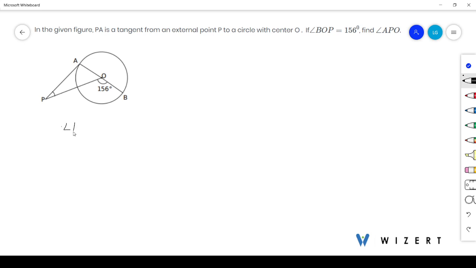As angle AOP and angle BOP are a linear pair, the sum of these angles is 180 degrees.